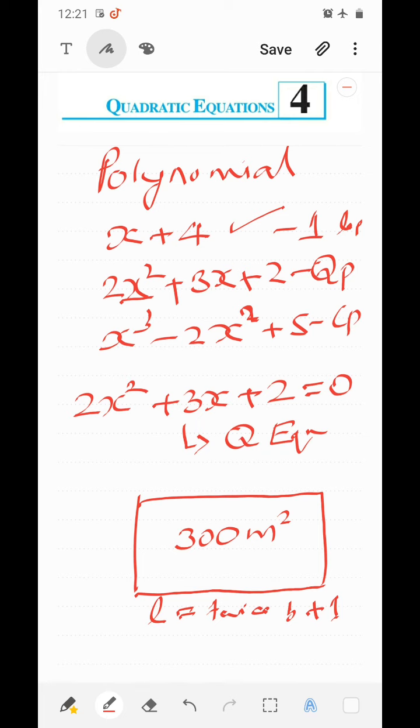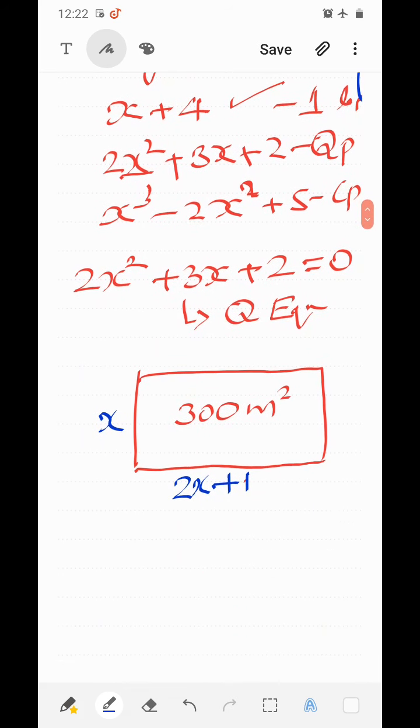Okay, so if this is the situation, look here. If we consider x as the breadth of this playground, given that the length should be 1 meter more than twice the breadth, so the length is 2x plus 1, and the area should be 300 square meters.